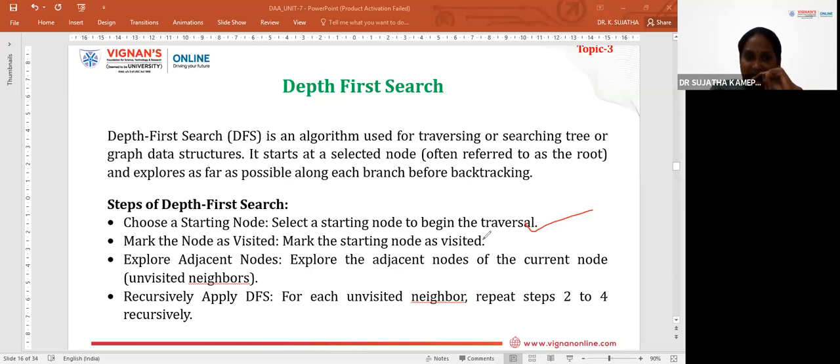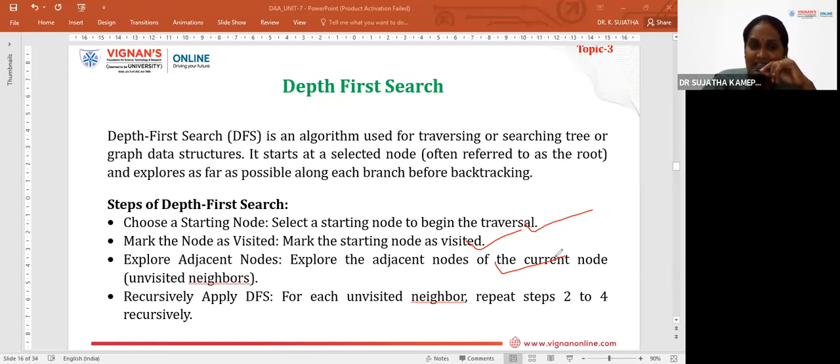The second step is to mark the node as visited. Since we already selected the starting node, we need to mark it as a visited node. The next step is to explore all adjacent nodes. Once the root node is marked as visited, we explore the unvisited nodes adjacent to the current node.